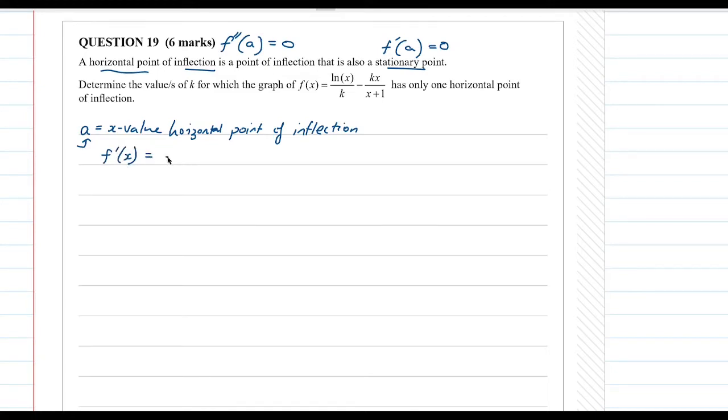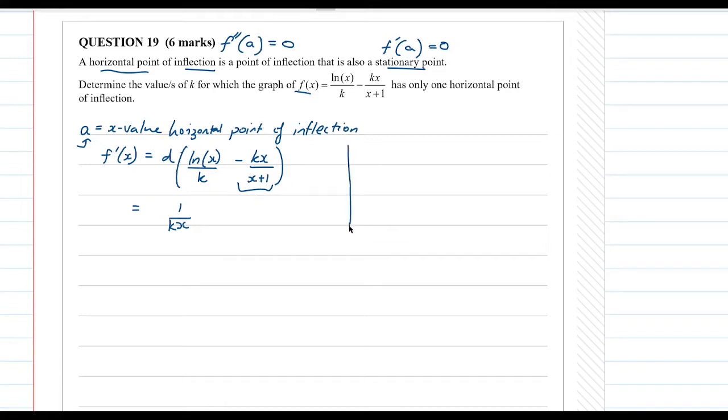For that, we'll have to differentiate our f of x. ln x derives to 1 over x, and we've got a constant before it, which is 1 over k. For the second part, we can use the quotient rule because we've got x in the numerator and denominator, and it's a fraction.